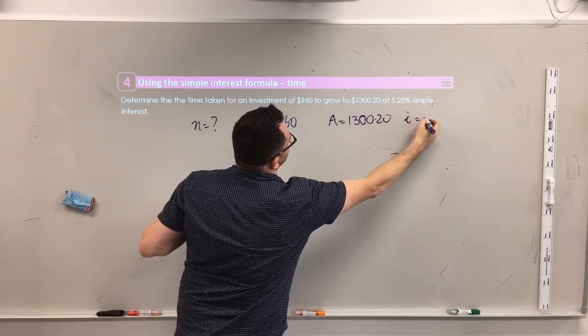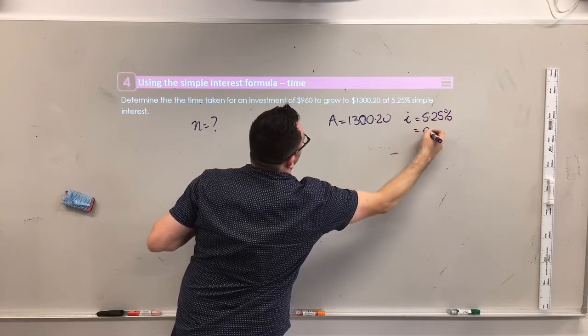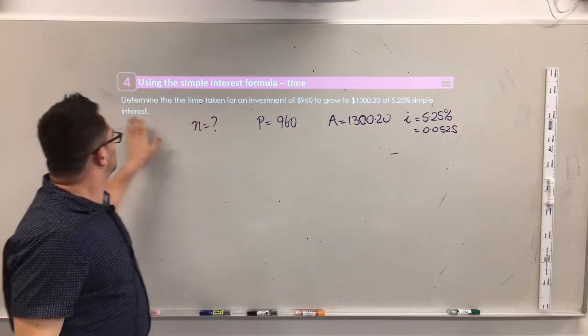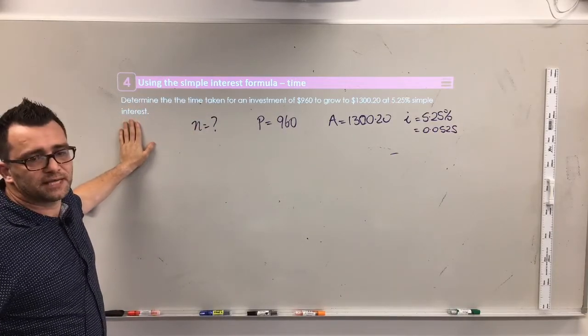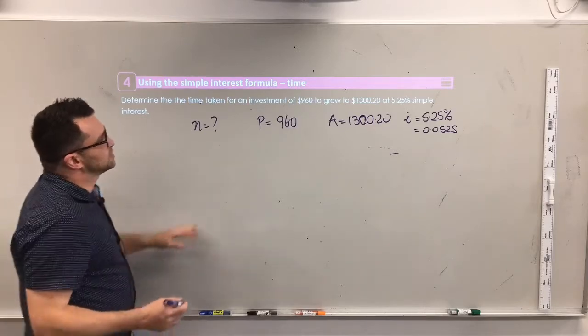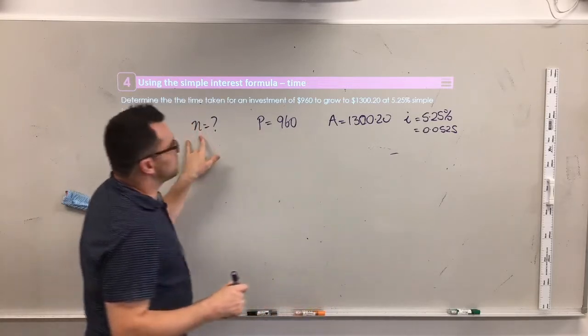And we know our interest is 5.25%, 0.0525, and we're going to assume per annum here, or it could be for whatever unit of time. So we need to solve what n is.